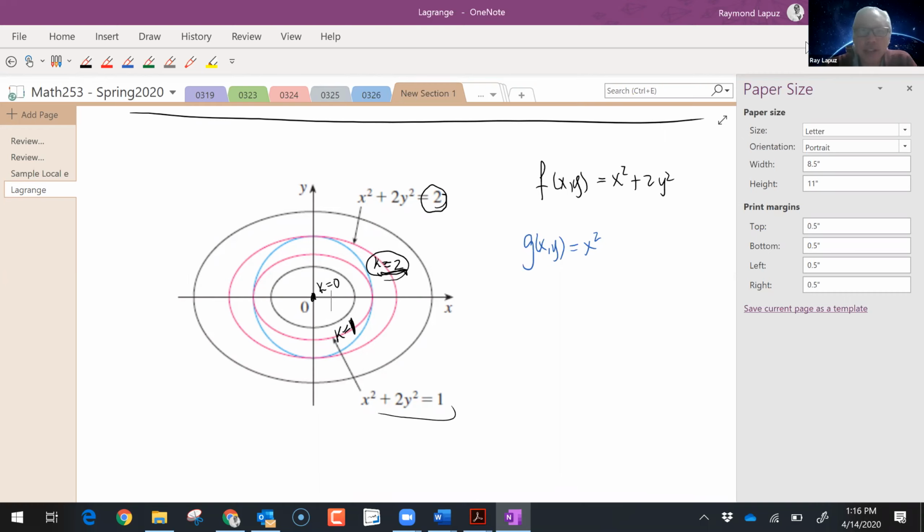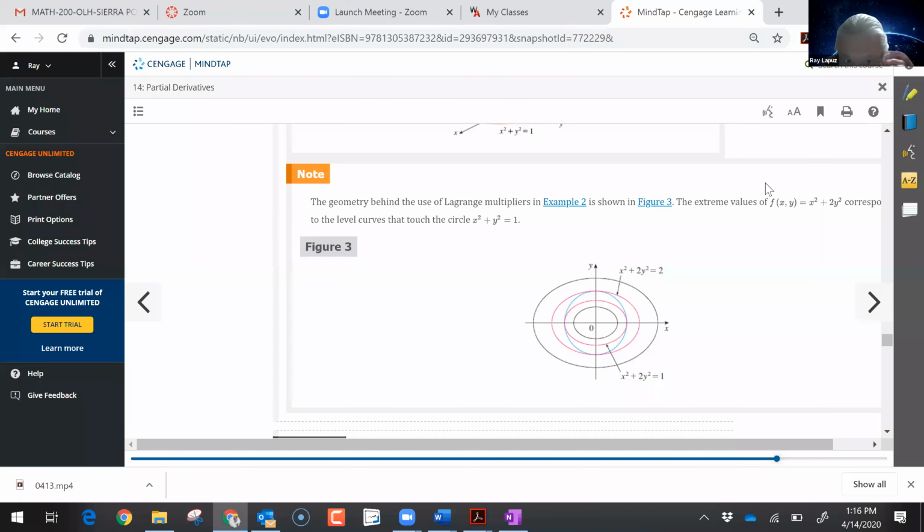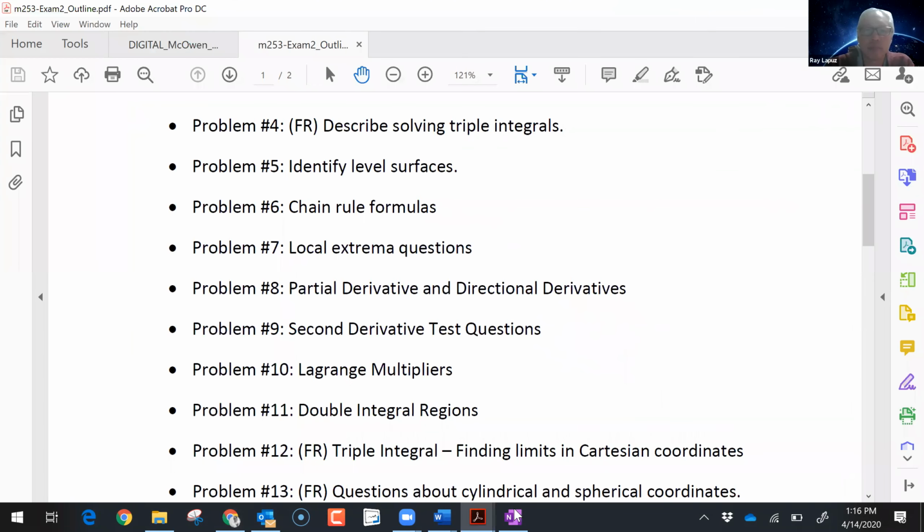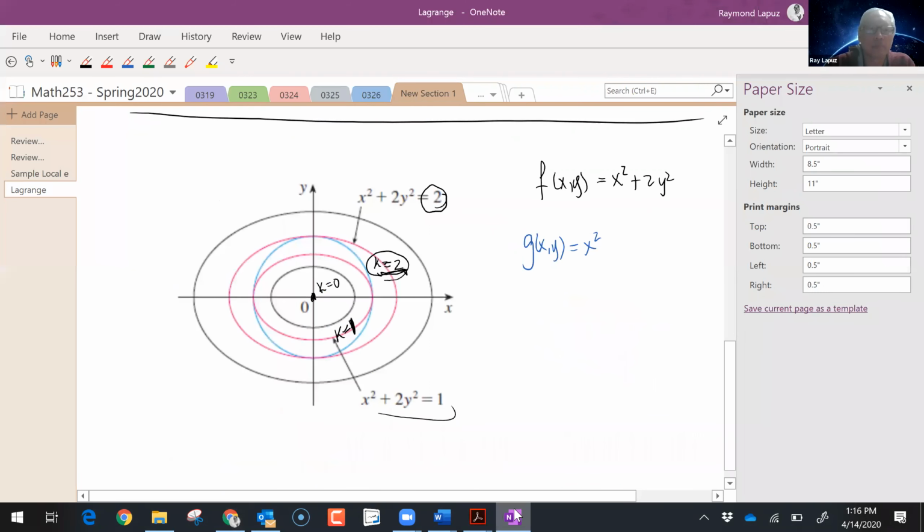G of x: x squared plus y squared is equal to 1. So that's just the unit circle.